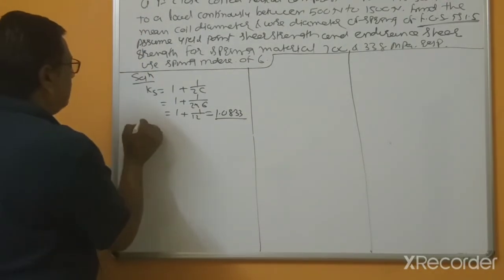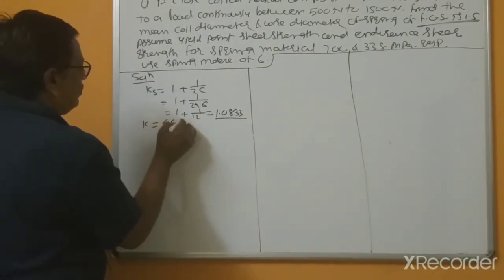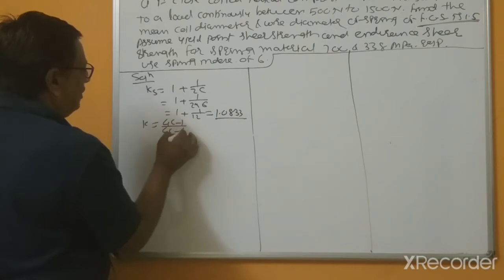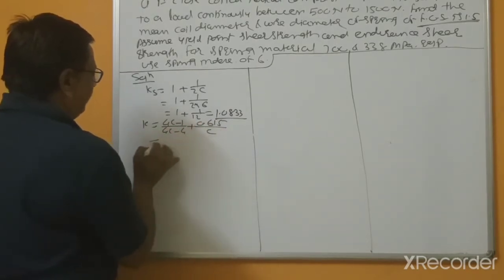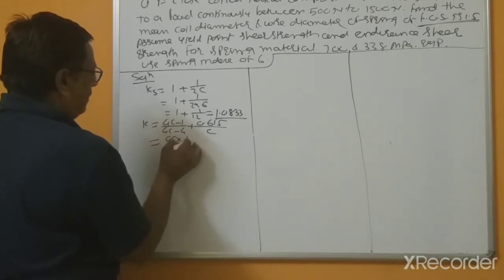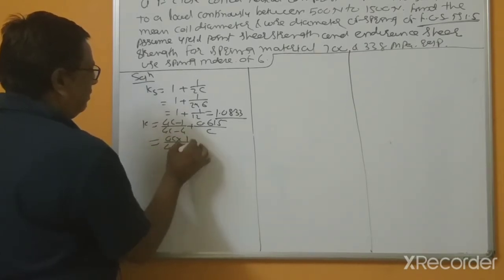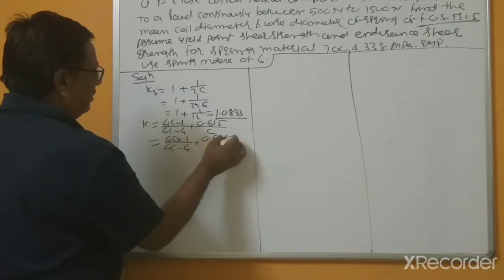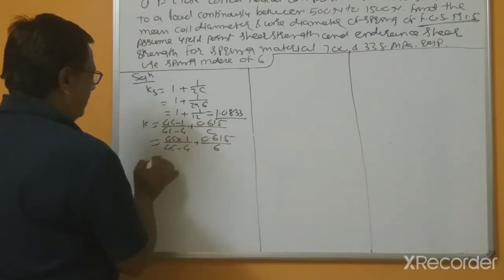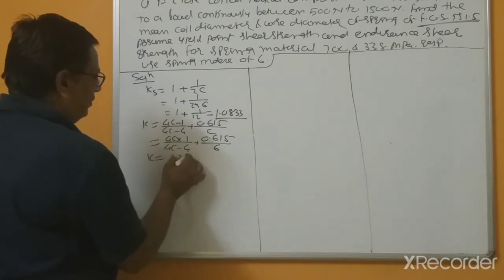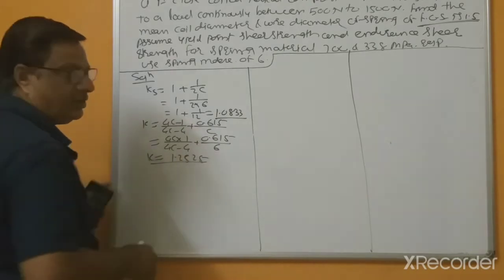And K equal to (4C minus 1) divided by (4C minus 4), plus 0.615 divided by C. Minus 1, minus 4, C equal to 6. So that's why K equal to 1.2525.